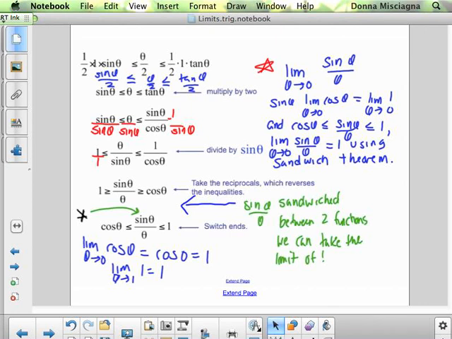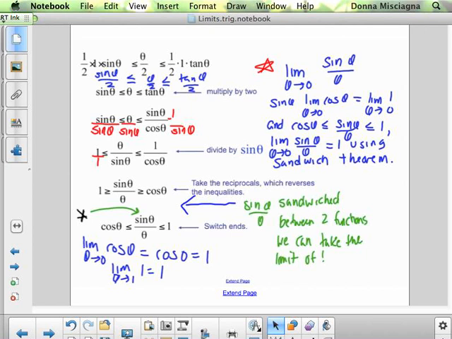So the limit as theta approaches 0 of sine theta over theta: since the limit of cosine theta as theta approaches 0 equals the limit of 1 as theta approaches 0, and cosine theta is less than or equal to sine theta over theta is less than or equal to 1, the limit as theta approaches 0 of sine theta over theta is 1 using the sandwich theorem.